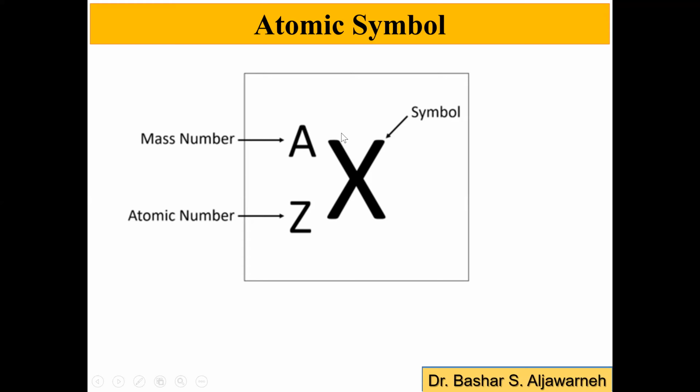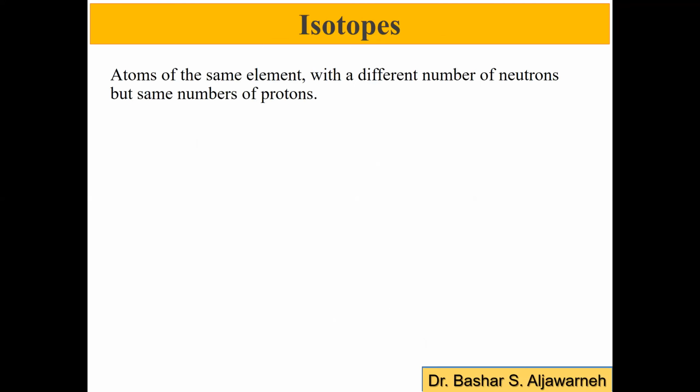And where the upper side is the mass number and the lower side is the atomic number, whereas the mass number is the number of protons plus the number of neutrons. You need to know that the number of protons is the same as Z, or the atomic number, or the number of electrons.